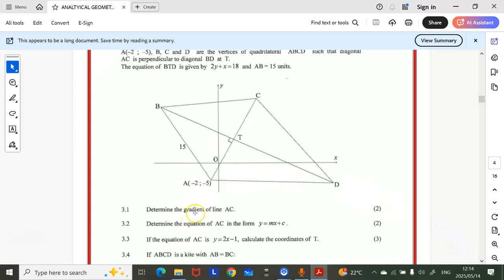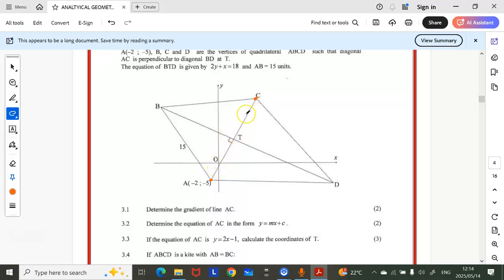it says determine the gradient of line AC. Line AC, fortunately enough, we are given both coordinates. Are we given both coordinates? No, we don't have the coordinates of C, right? But we can use the information that is given, that BTD is perpendicular to AC, right?